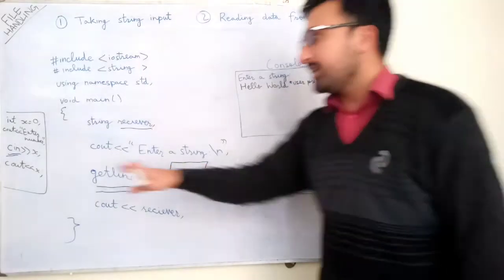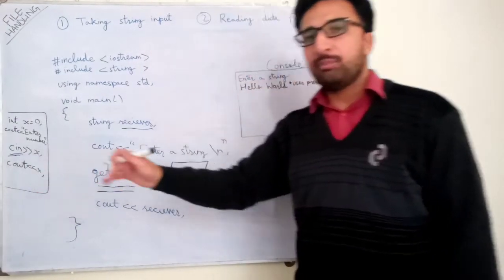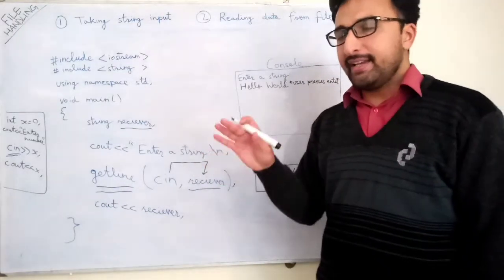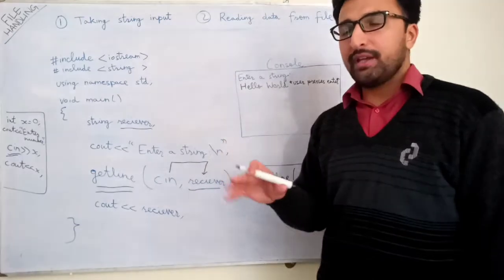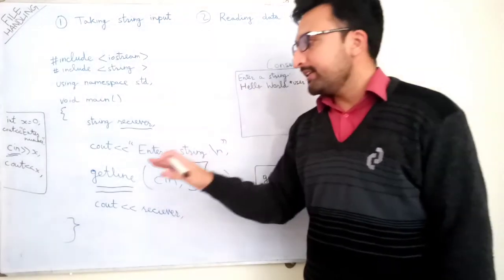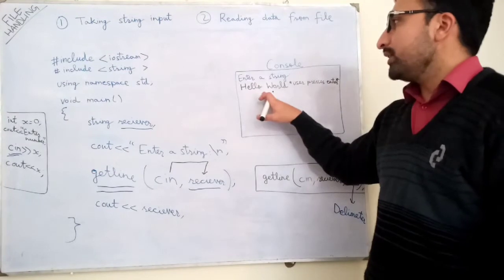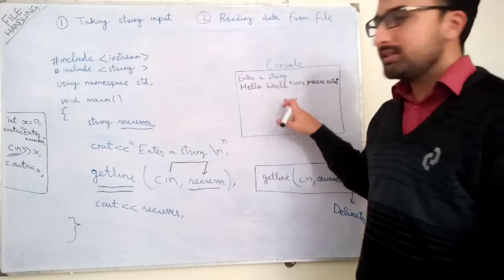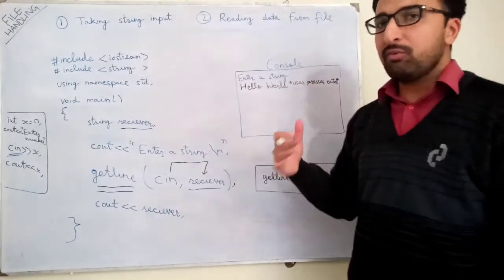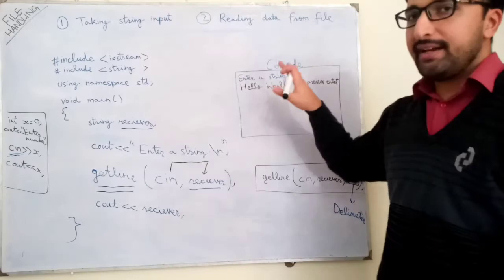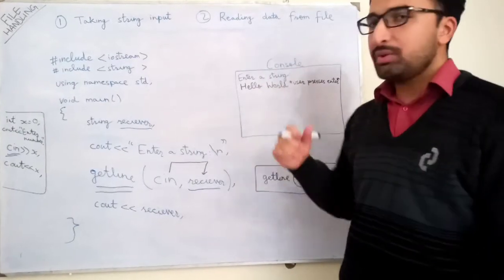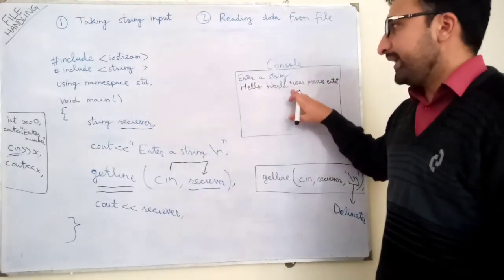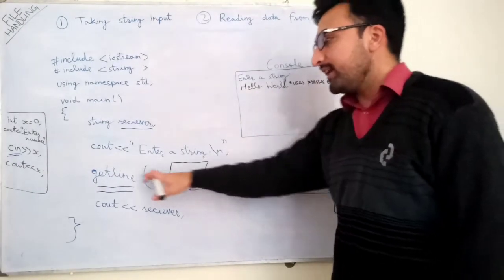For example, when we are taking input in a variable x, the user enters, for example, 44, and then when he is done with inputting his data, he presses enter. In the same way, when he is done writing hello space world, the user presses enter. This is not basically written onto the console; it is just to show what the user will be doing here. So the user presses enter here to tell that his input is over now. So hello space world and enter means that the input has been received.